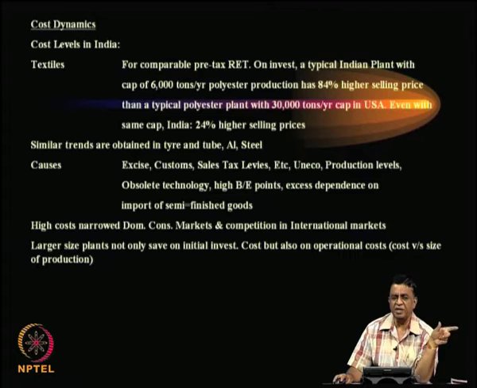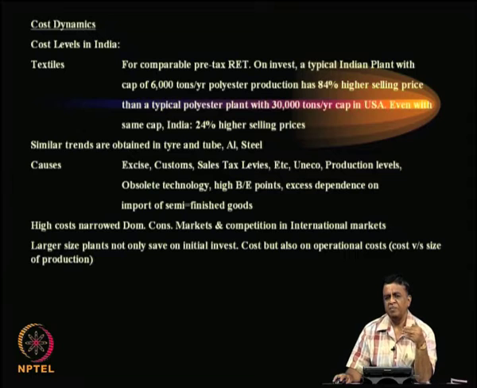So, you are not deriving any cost advantage, even though you may say we have got surplus labor, that is our labor cost is extremely competitive. All those things are really not working out when it comes to the market dynamics situation. This is what is happening in textiles, but similar trends are obtained in other industries also, like tire and tube, aluminum, steel.